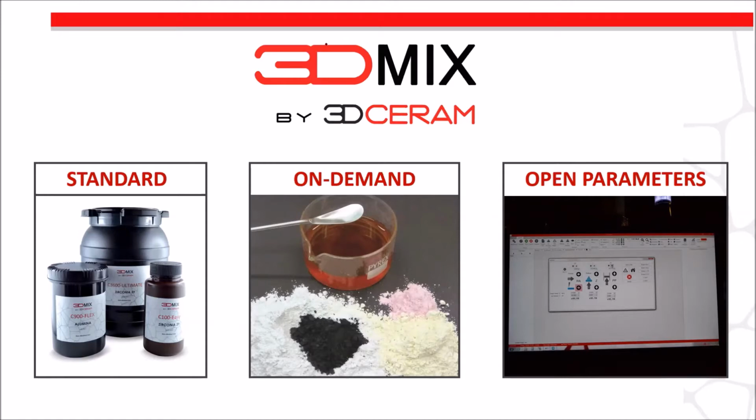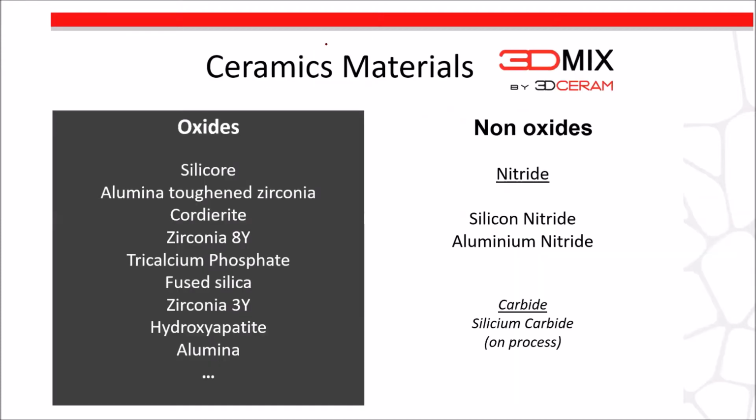So that's also one service we are proposing. The final window is just focused on open parameters. It means that our customers on this machine can develop their own recipe and adjust many parameters to obtain the best quality of the parts. And that's an important point also. Next slide, please, Phil. Thank you.